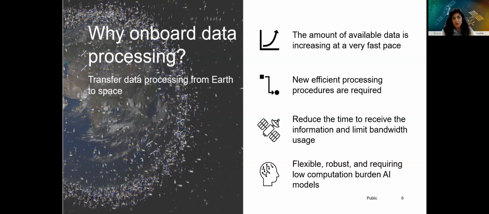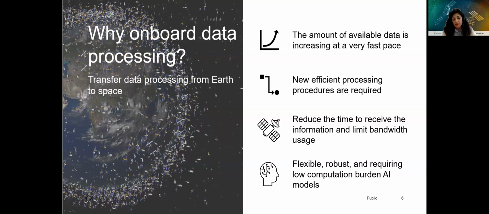And these pose new challenges that are mainly represented by developing new efficient processing procedures that are able to support the emerging Earth observation applications.